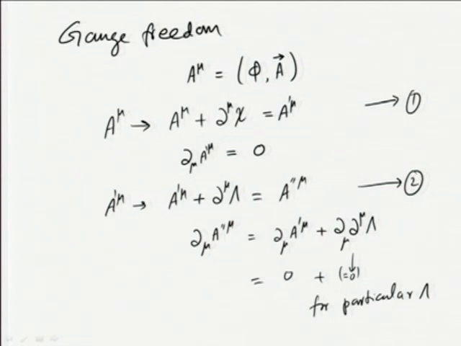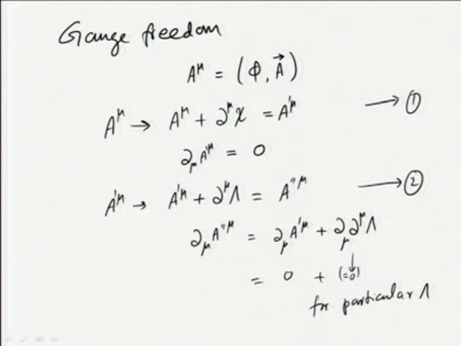It is always possible to choose an A double prime by adding a derivative term of a scalar function again to the A prime, as in the case of equation 2.